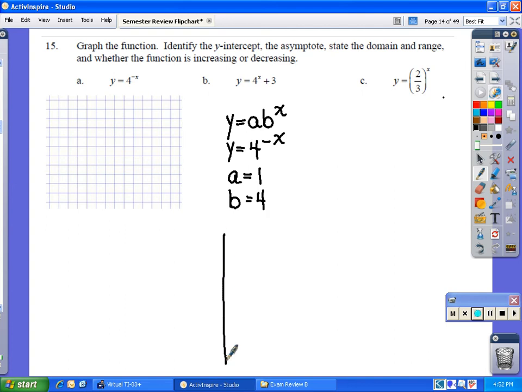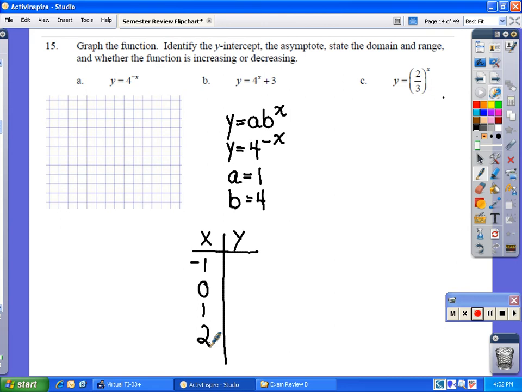I'm going to pick just a few values to start with here, maybe -1, 0, 1, and 2, just so we get an idea of what the basic function looks like. And then I'll show you again in the calculator where you can get as many values as you need. Remember, each one of these will get plugged in for the x.